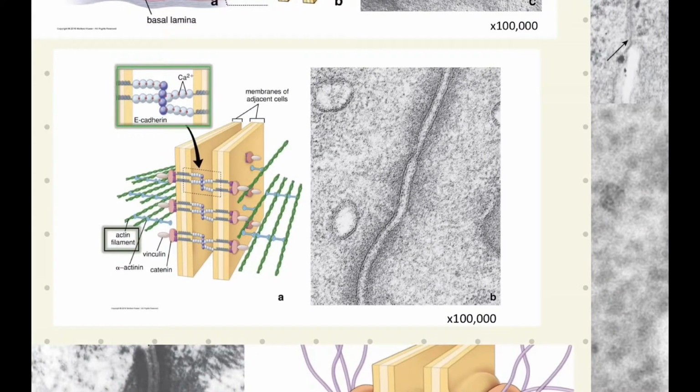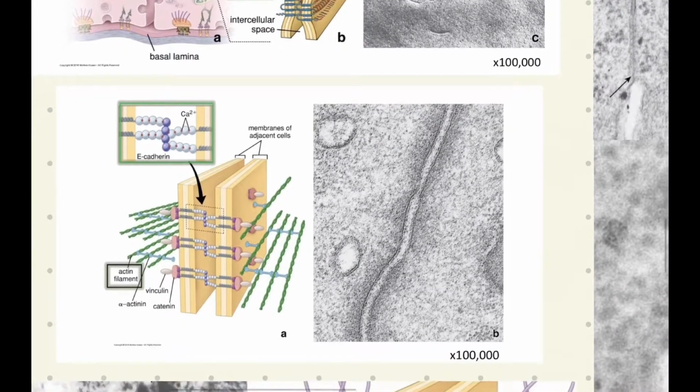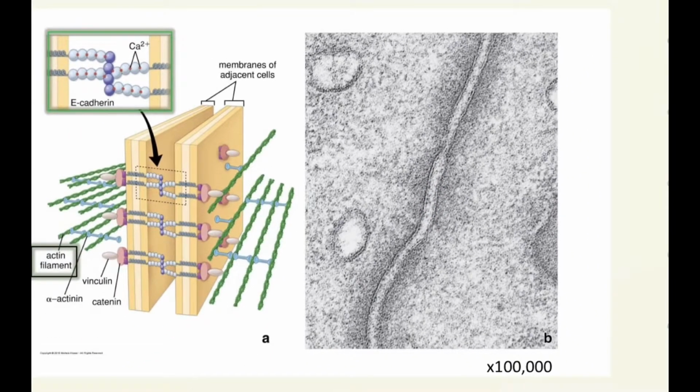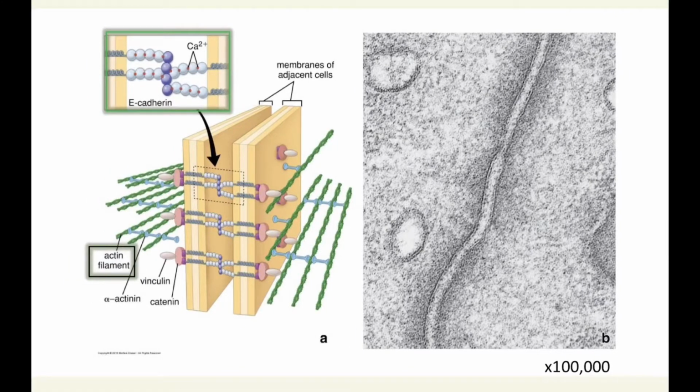Now, going down, this is going to be your Zonula Adherence, right? Because this is a little bit further down. It's characterized by that lack of a dark line in the middle. So as you can see here, the picture's not the best, but right here is going to be your Zonula Adherence, okay?